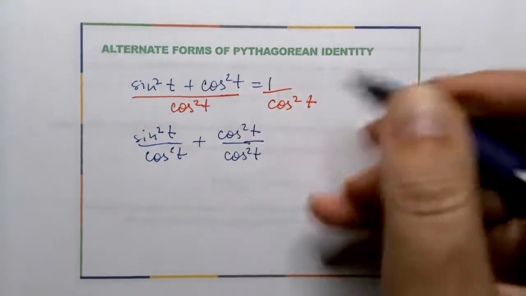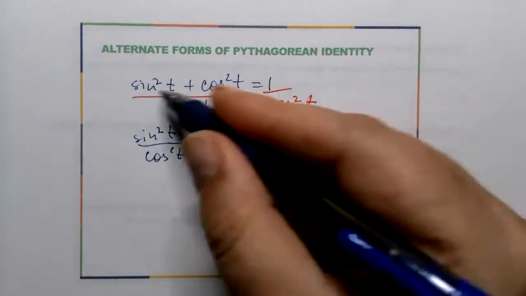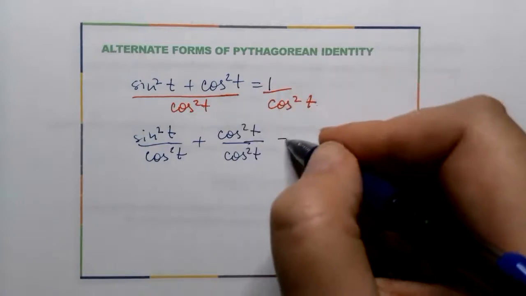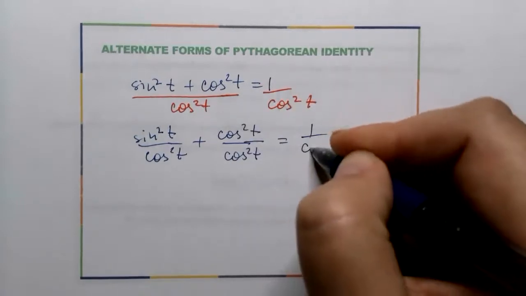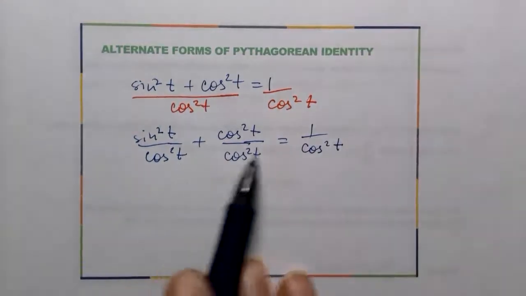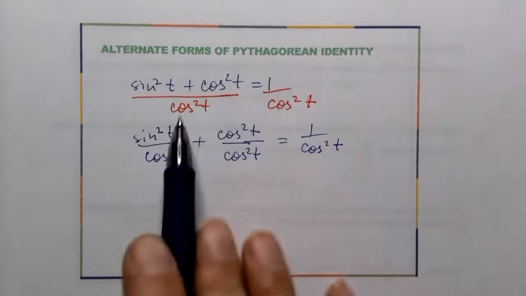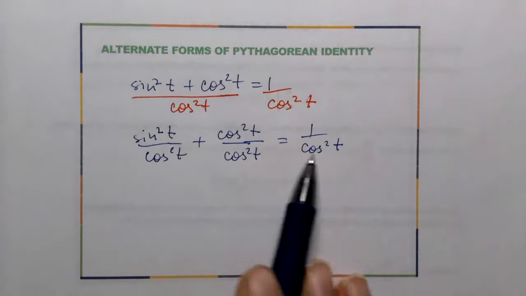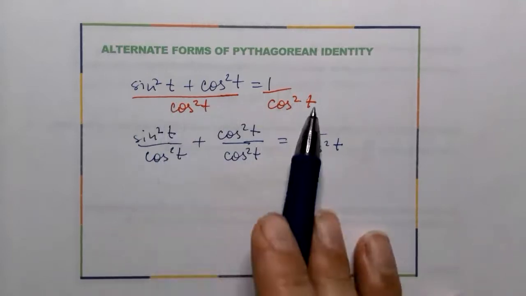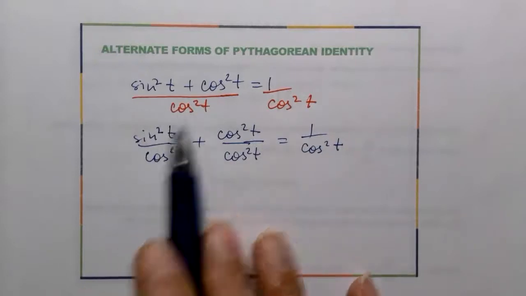It's like reverse addition of fractions. If we were adding these two fractions, that's what we would get, but we're going in the opposite direction here. What ends up happening is that every term that was there before gets divided by cosine squared t. In the future, I'm going to skip this step and go straight to the next one, so we understand what's happening.